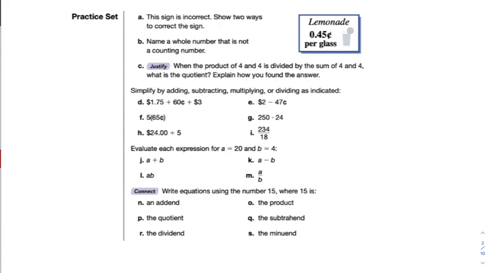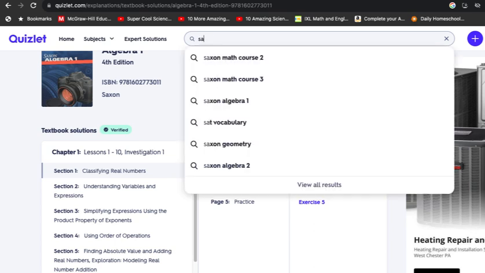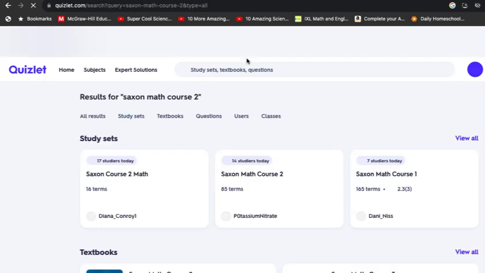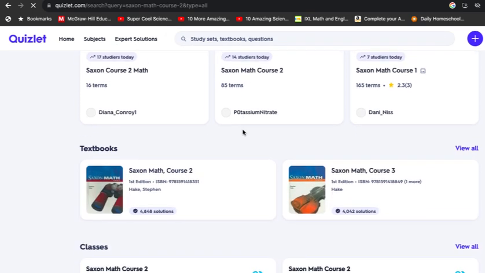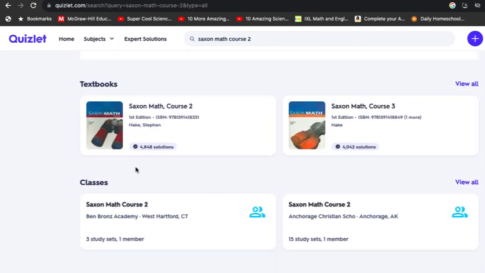Also, if you want to check your answers, you can go to Quizlet and type in the textbook name, which is Saxon Math Course 2. It's coming up, and what you'll see is your textbook. Scroll down a bit, you'll see your textbook and you can click on it.